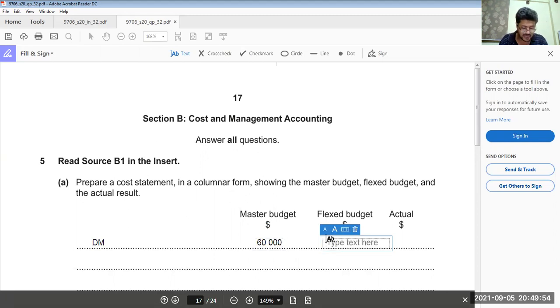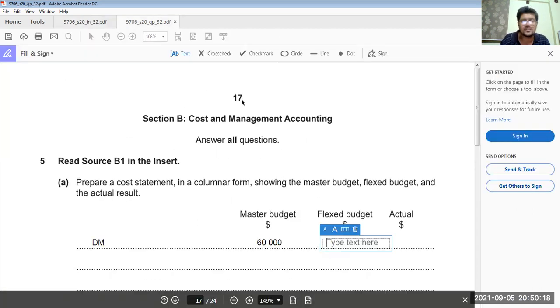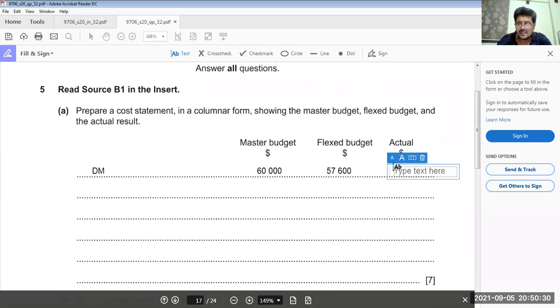Flex budget means we have changed the activity level. Now activity is for 2,400 units multiplied by the standard cost of 24, the direct material standard costing rate. So flex budget shows 57,600. Actual is given there. It is 68,340. Now come to direct labor.